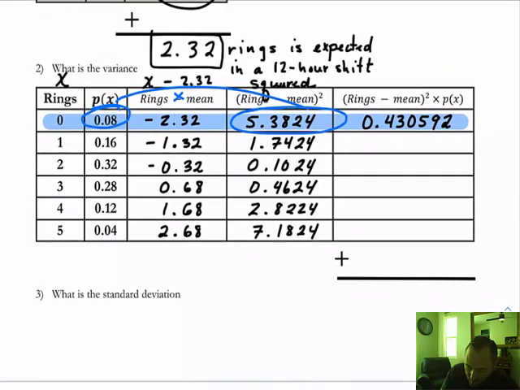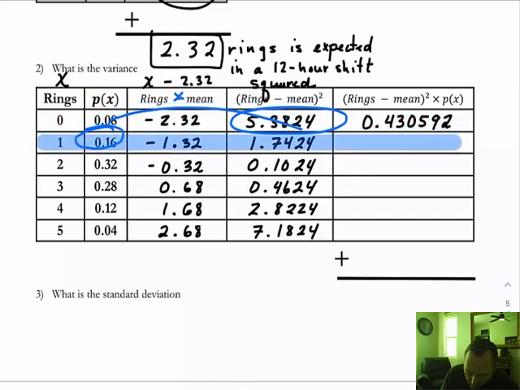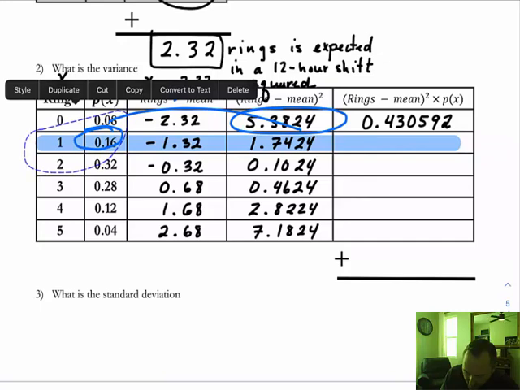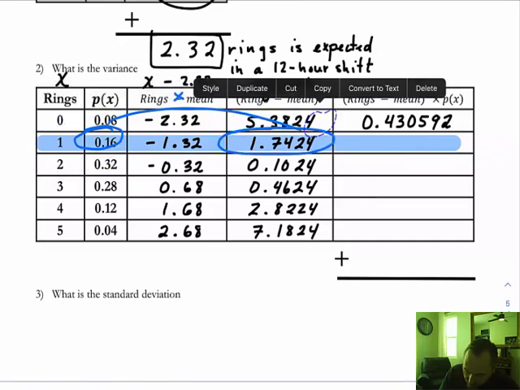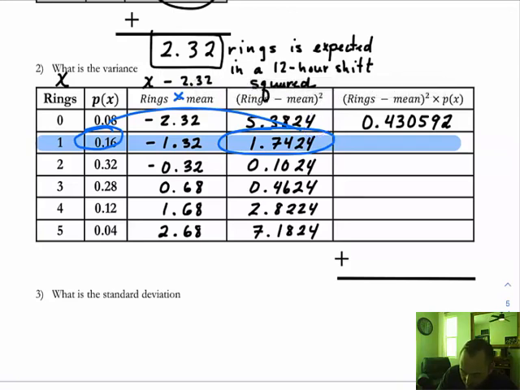Okay, that one's done. Next one, what we want to do is move this concept down for our next row here. So this one, we want to multiply the 0.16 times 1.7424 to get that last column.